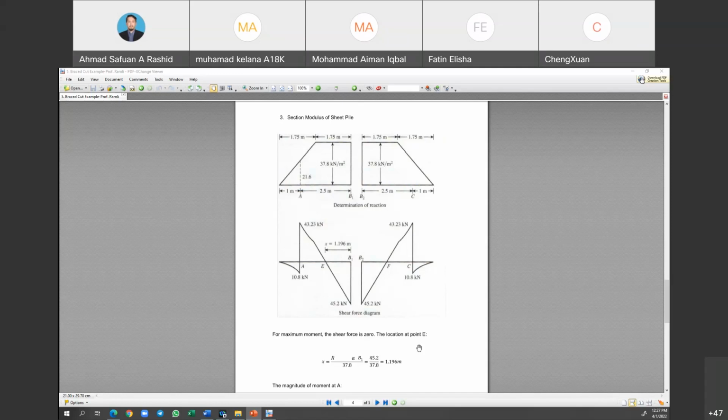So for example, 42.5. RR is equal to RAB1 over 30.7, 42.5 over 37.